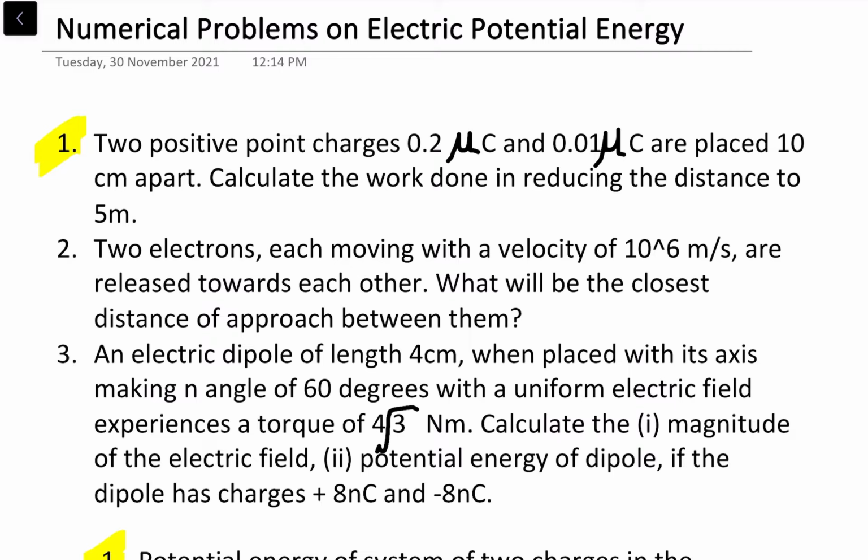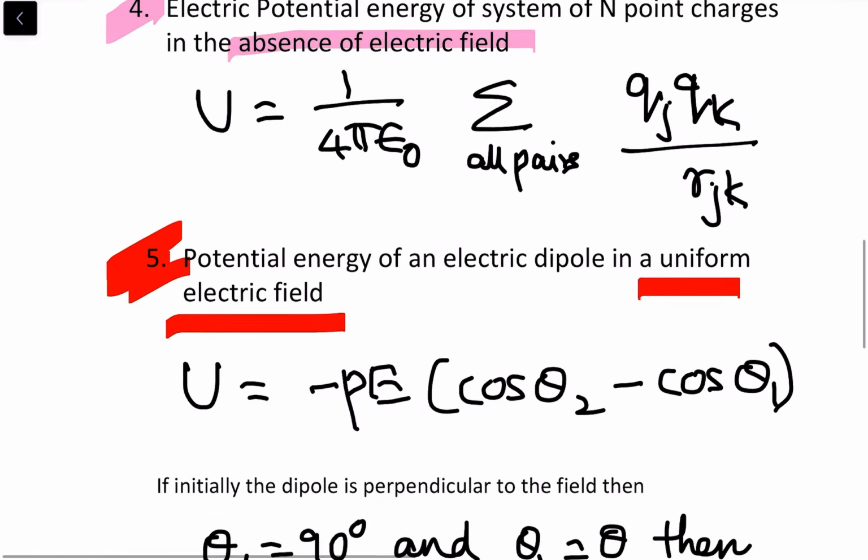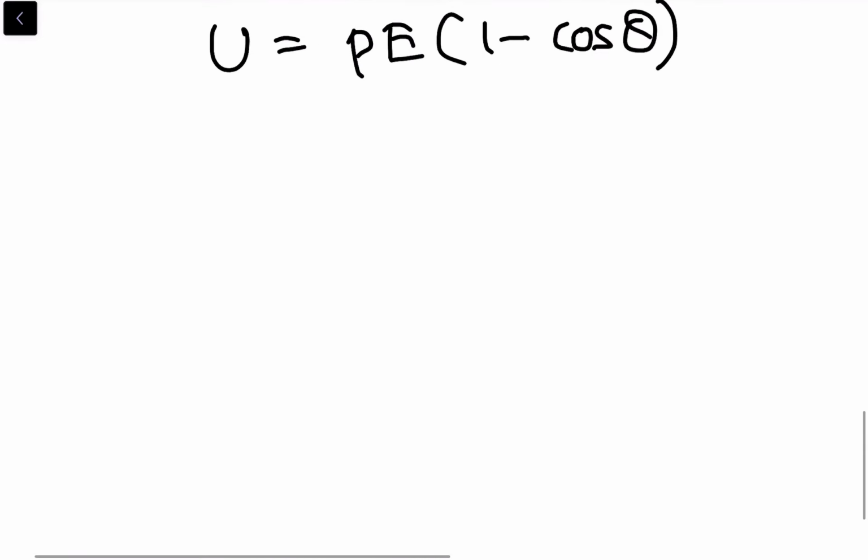What is the question here? Earlier, the two charges Q1 and Q2 are separated by a distance of 10 centimeters, but now the distance is reduced to 5 centimeters. Then how can we solve it? What is the work done?